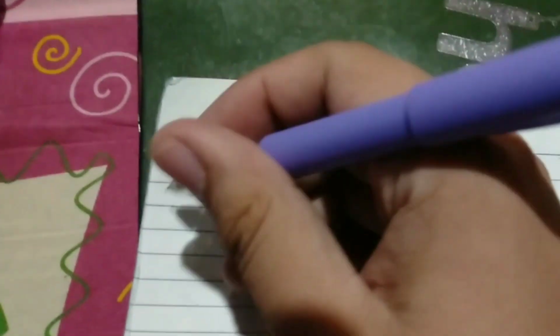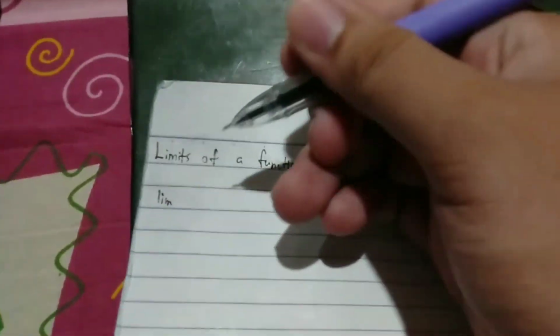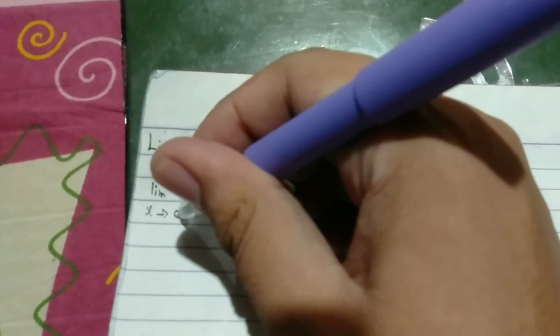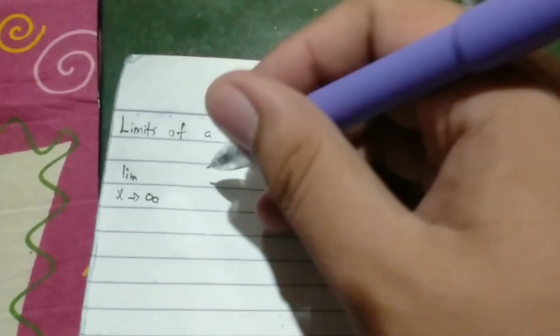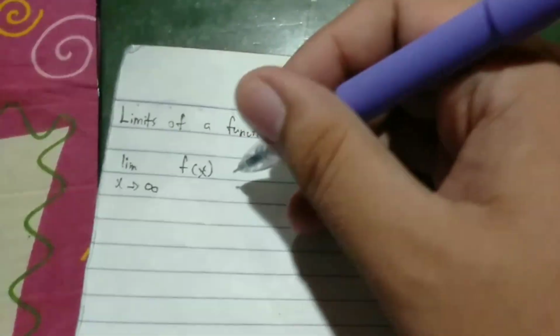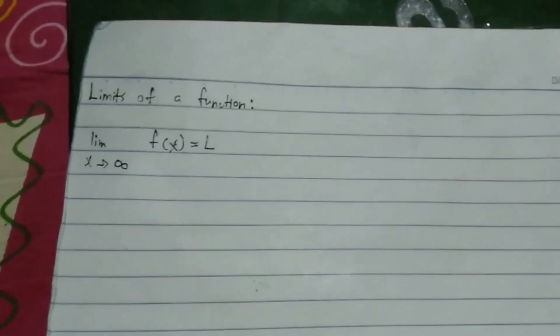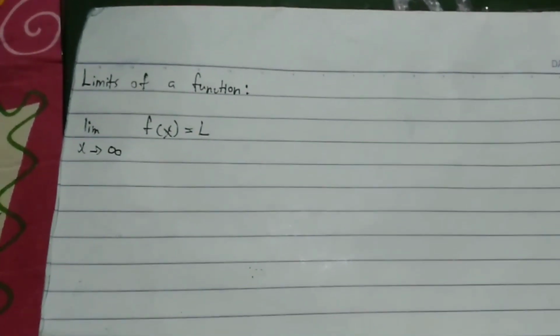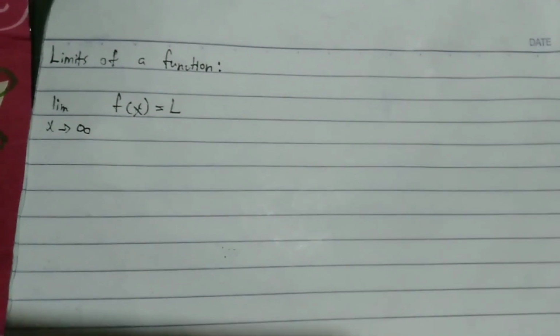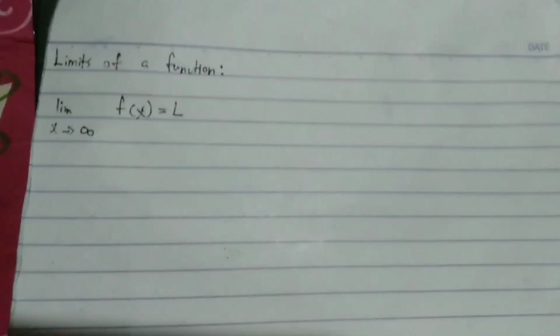The limit of a function is denoted by lim, x approaches infinity, where f of x equals the limit L. So the limit of a function f of x where x approaches infinity is equal to L.